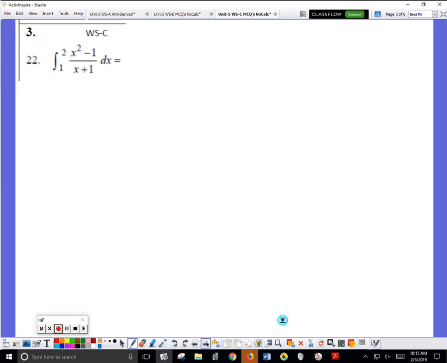Does anyone need me to talk more about why one of the green formulas won't work? Okay, so let me demonstrate why u-substitution doesn't work. So again, you split it like we always do.